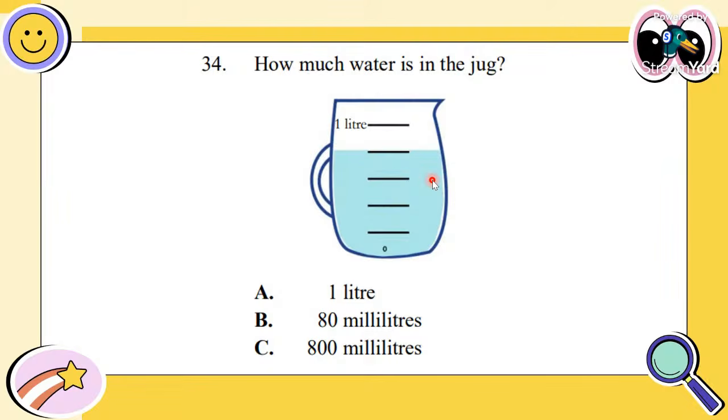If we divide 1,000 milliliters by 5, we would have 200 milliliters each time. So from 0 to the first line would be 200 milliliters. Next line, 400 milliliters. It's like we're skip counting by 200. Next line, 600 milliliters. And then this line where the water has stopped would be 800 milliliters. So if you say 800 milliliters, you are correct. Good job. So you can think about a question like this.